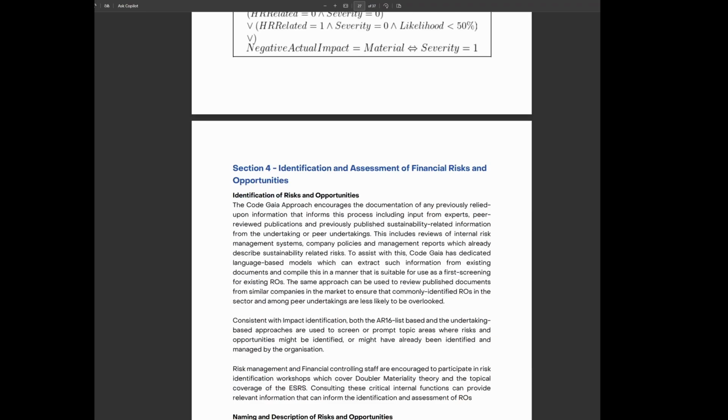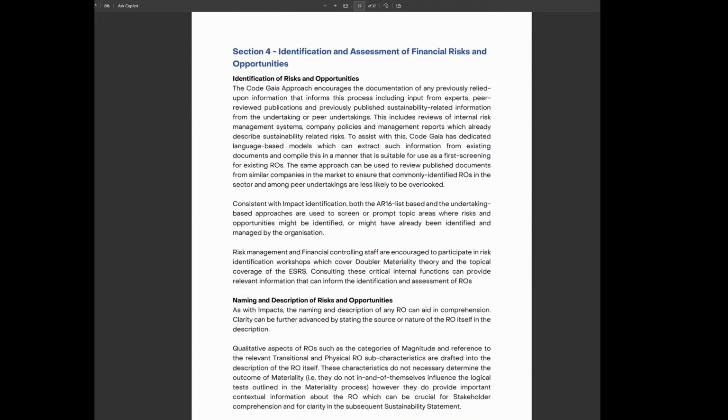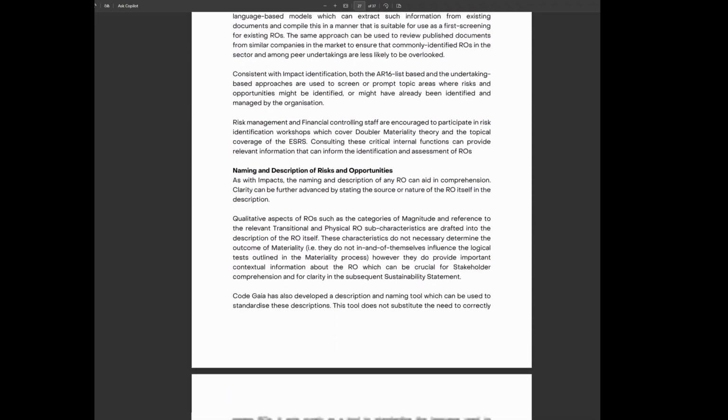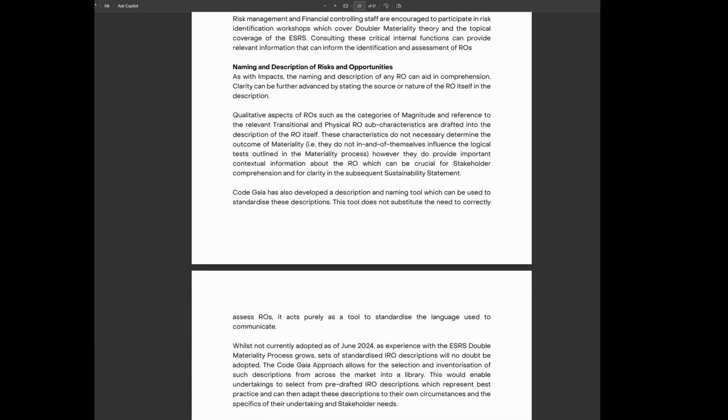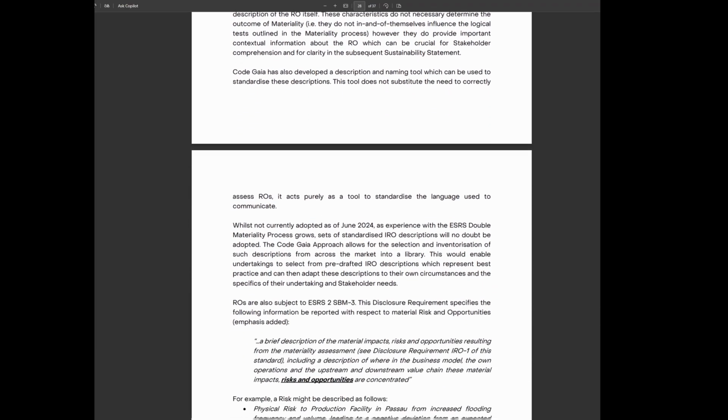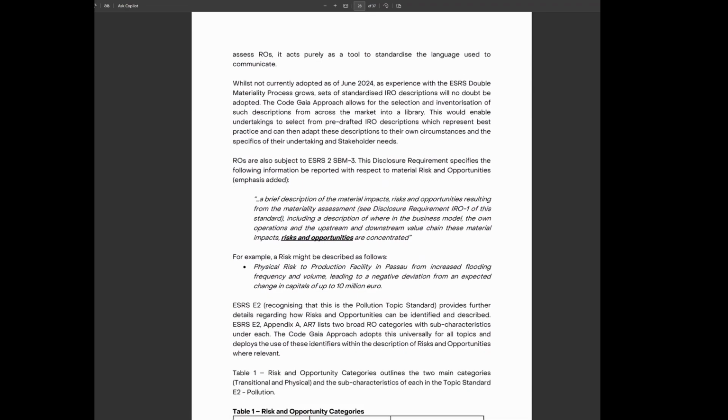After impact identification and assessment, we moved on to risk and opportunity identification and assessment. We cover off some of the ways that IROs can be identified. And once again, as with impacts, we talk about the way we describe risks and opportunities, and we're fairly prescriptive about how we think risks and opportunities can be and should be described.